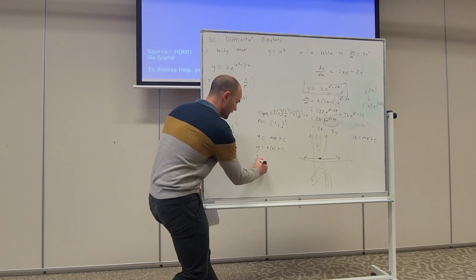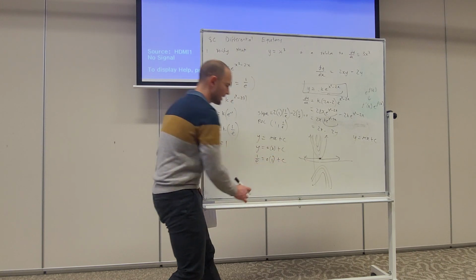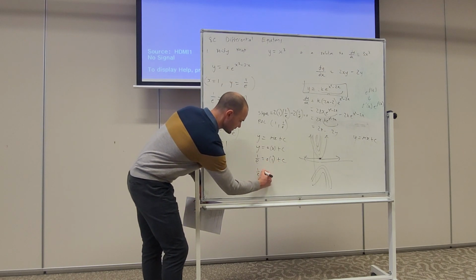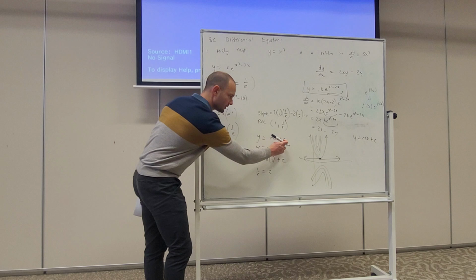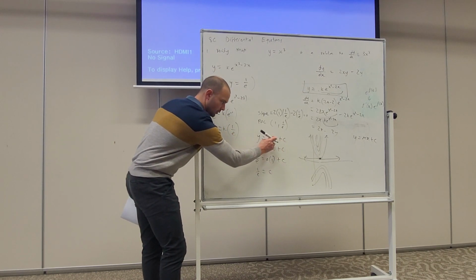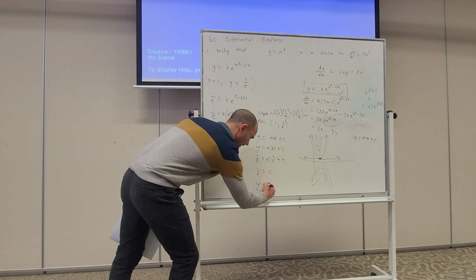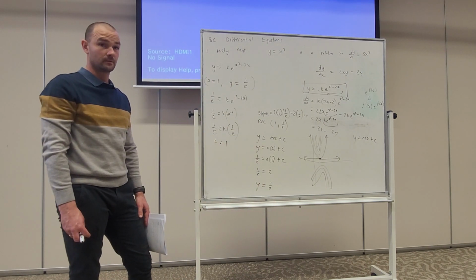So I put 1 on e where the y is. I put 1 where the x is. Alright, so just taking you through how we solve tangents. And when we solve this here, we get c equals 1 on e. So we've established the value of c, we've established the slope is 0, and so we're left with, well, y equals 1 on e. Alright, that's the equation of the horizontal tangent.